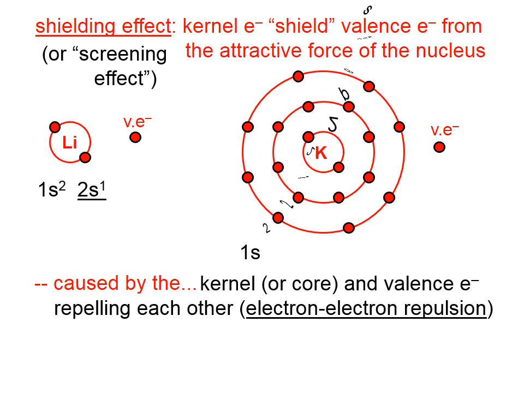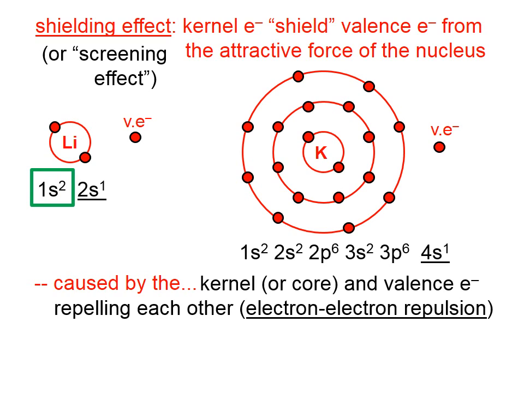If we do the same sort of thing for potassium, potassium has, of course, a tiny nucleus here in the center, and then the electron configuration is as follows: 1s2, 2s2, 2p6, 3s2, 3p6, 4s1. Notice that in each case I've underlined the valence electron for both of these atoms, and each of them has a single valence electron.